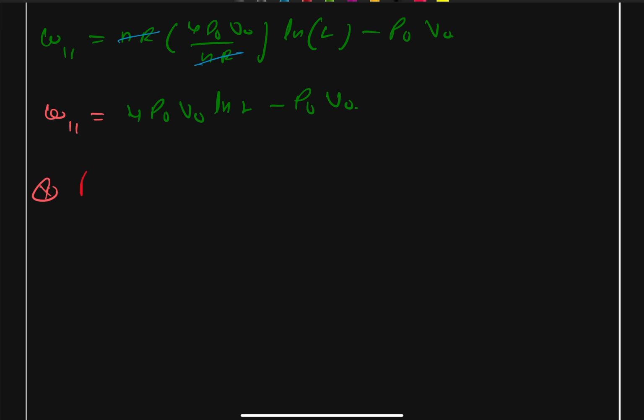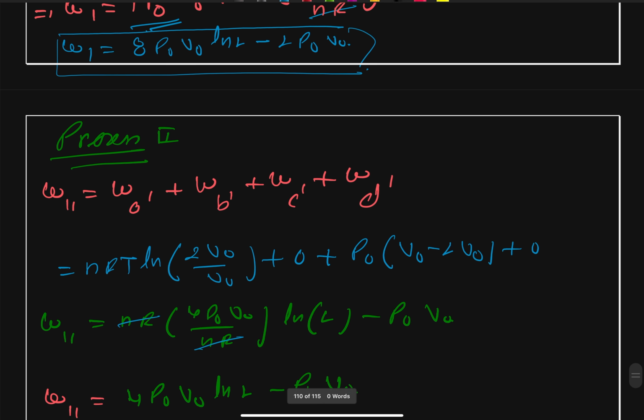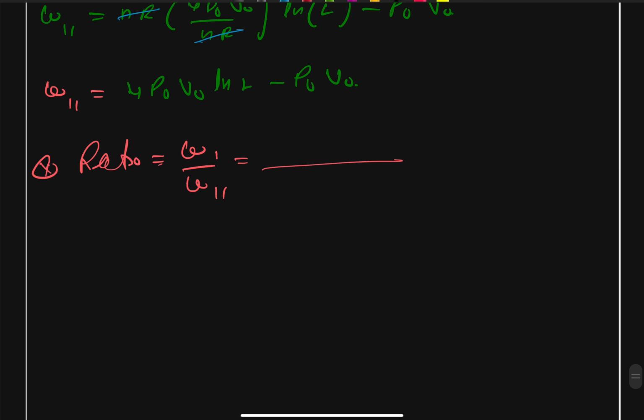So we can say our ratio, W1 upon W2, is equal to, W1 is 8 times P naught V naught natural log of 2 minus 2 P naught V naught, and this comes as 4 natural log of 2 minus 1 P naught V naught.